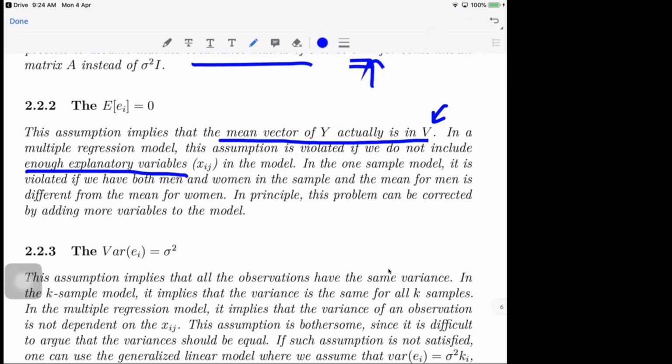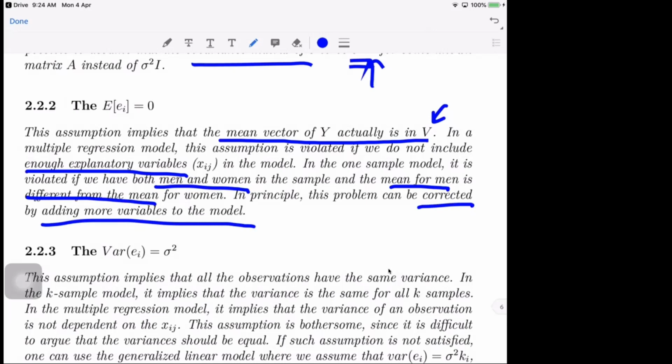In a one sample model, it is violated if we have both men and women in the sample and the mean for men is so much different from the mean for women. In principle, this problem can be corrected by adding more variables in the model.